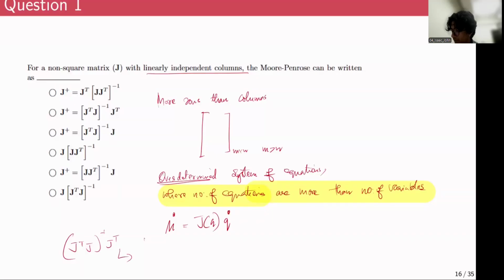This would be the left pseudo inverse. And we have seen how to derive this pseudo inverse expression at the beginning of this session. So in that regard, the correct answer would be option B.